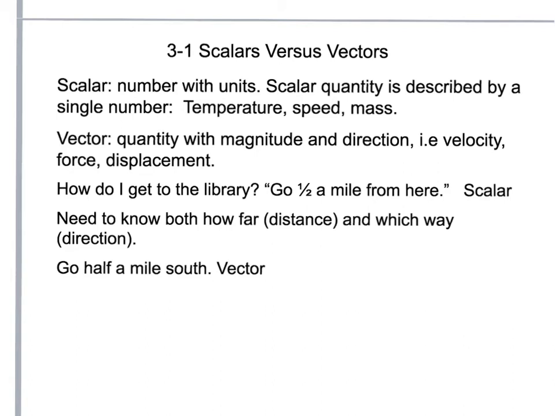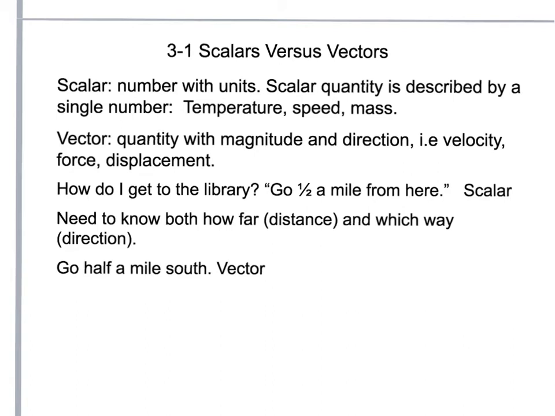But a vector gives the quantity along with the magnitude and the direction. So the vector is a little different. Temperature is always going to be a scalar. We'll never really have a vector associated with temperature.